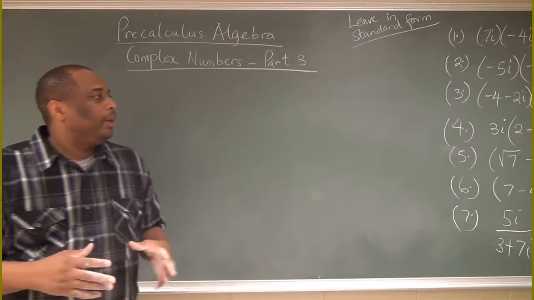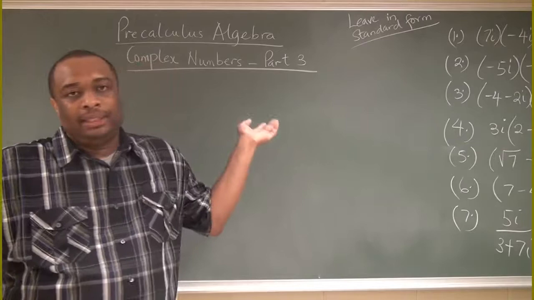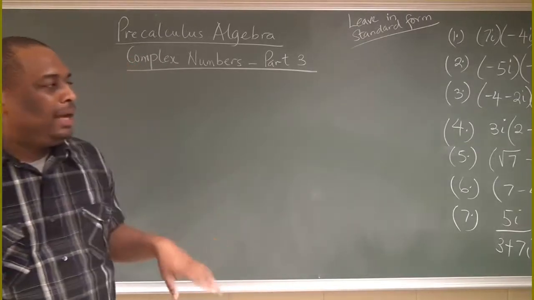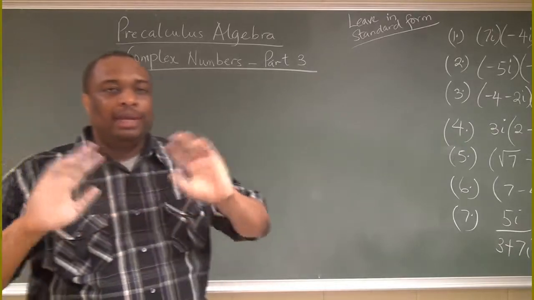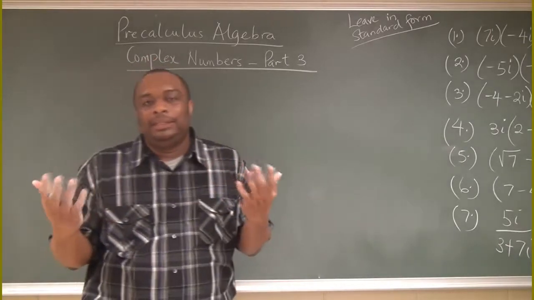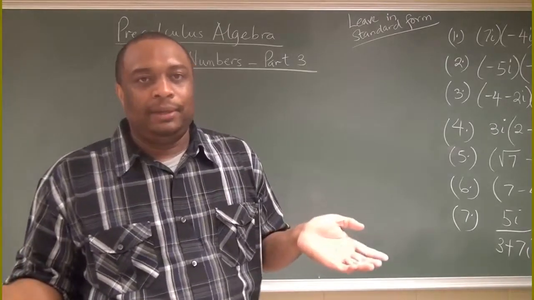And you can use the FOIL method. So when we multiply complex numbers, we just follow that order. The way we multiply polynomials is the way we multiply complex numbers.